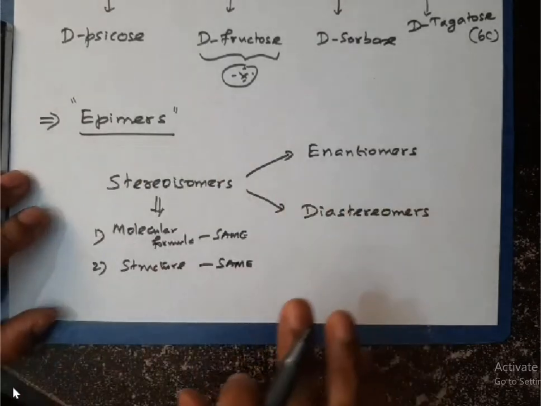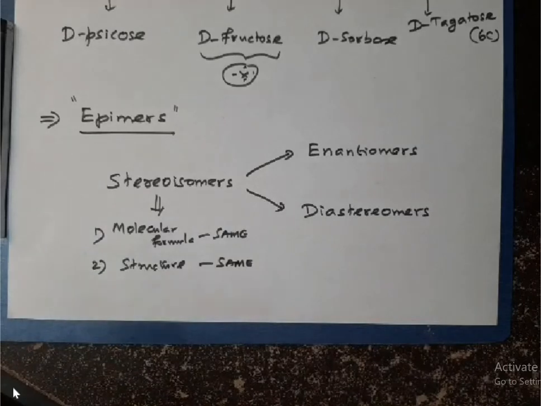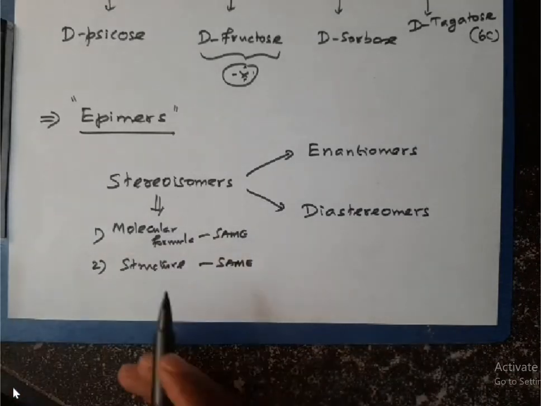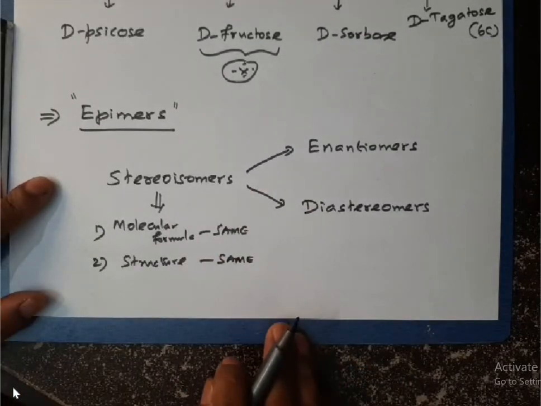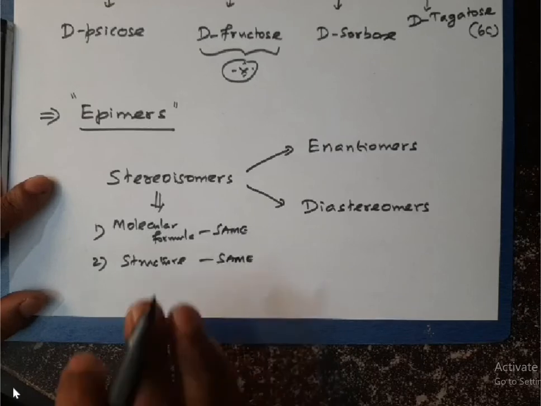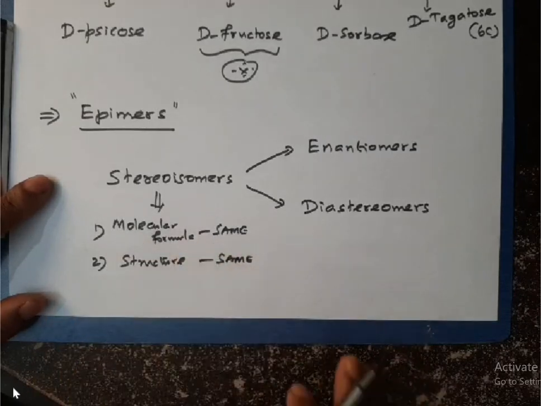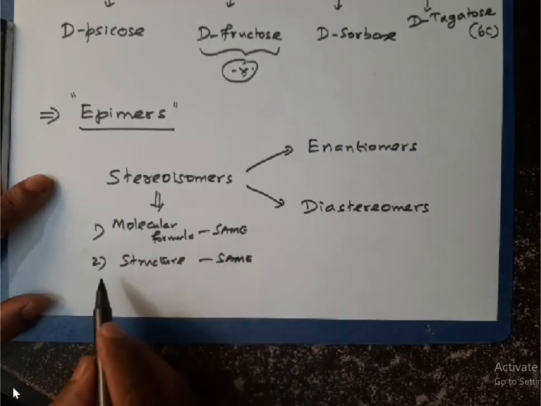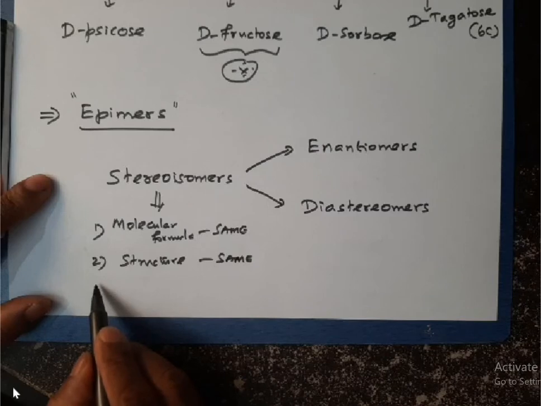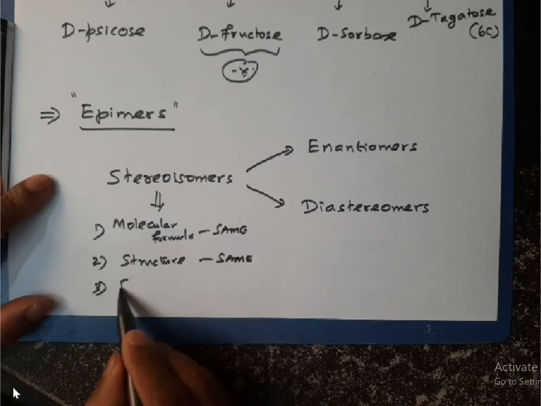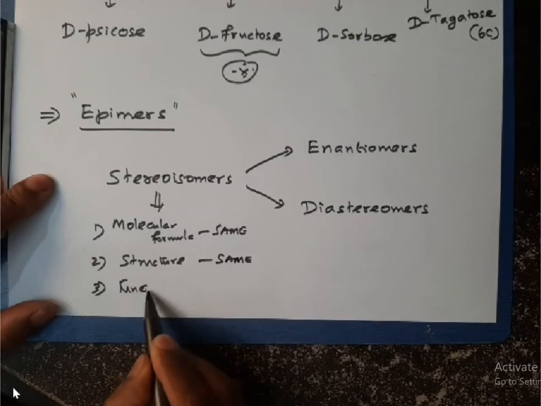All the groups are arranged in a proper position, they have the same functional group. Okay, everything same. Then the third one is very important, that is, they have the same functional group also.